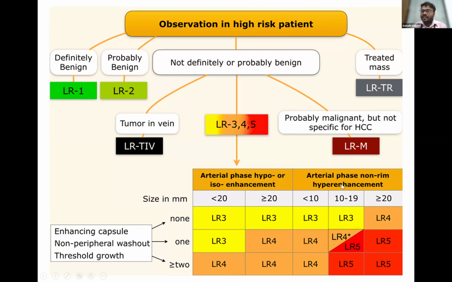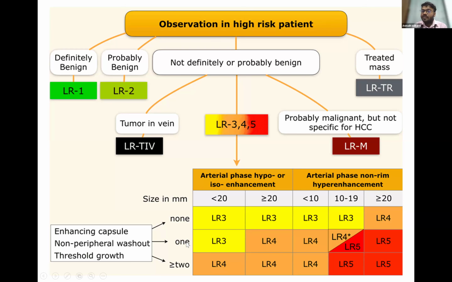If there is arterial phase non-rim hyperenhancement, okay, and size is more than 20, that is 2 centimeters, then it is LI-RADS 4.